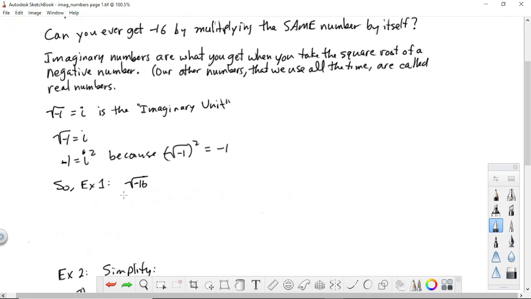Example 1: the square root of negative 16. We write that inside the radical as negative 1 times 16.